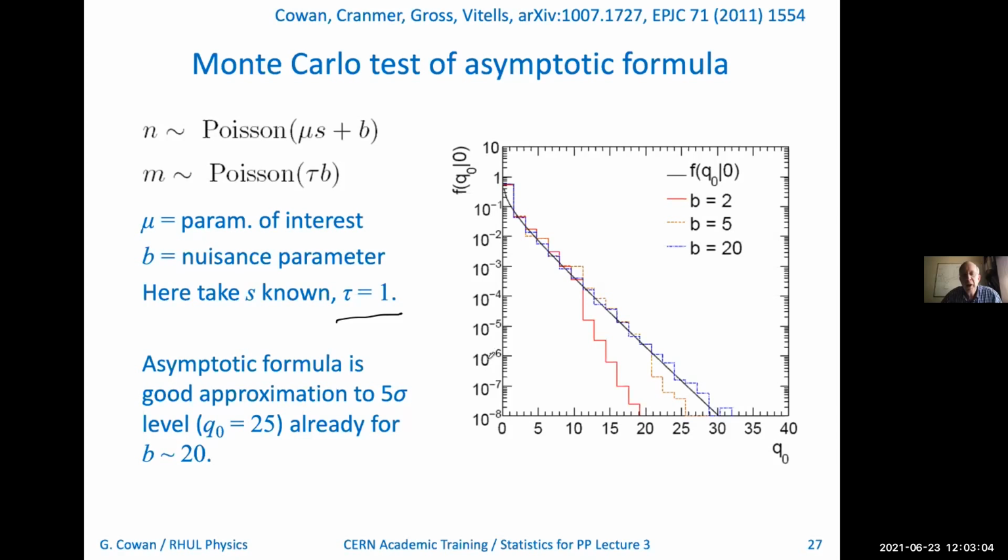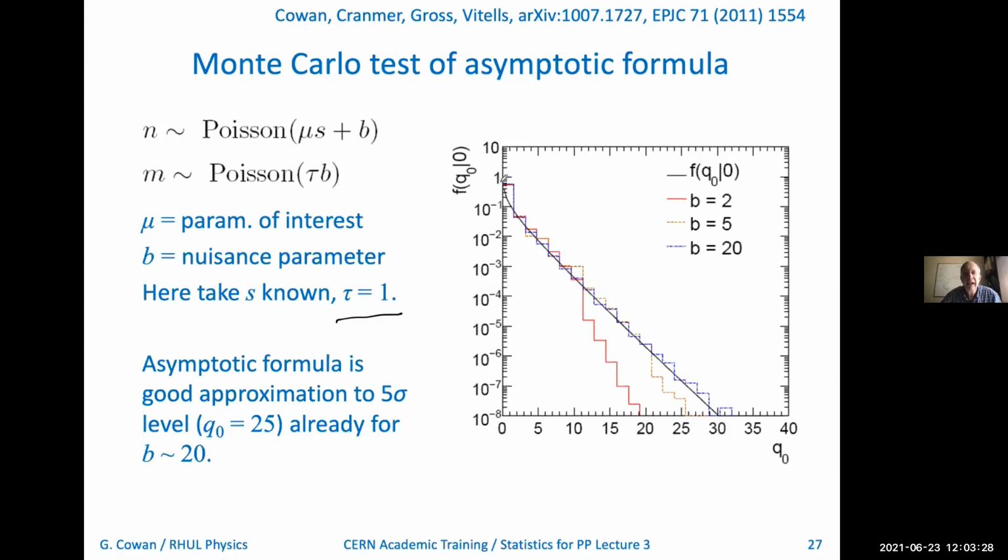So here what I've shown is I've picked certain values for b, and I've generated Poisson distributed data according to this rule, and I've then plotted the distribution of Q0. And so the solid curve there is the asymptotic formula that I showed. That part there is the chi-square distribution for 1 degree of freedom with a weight of 1/2.